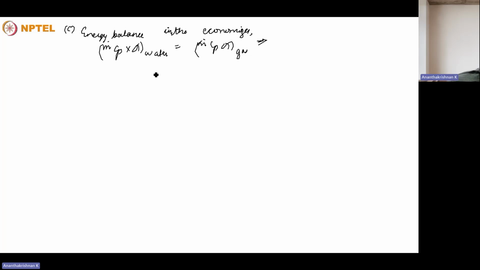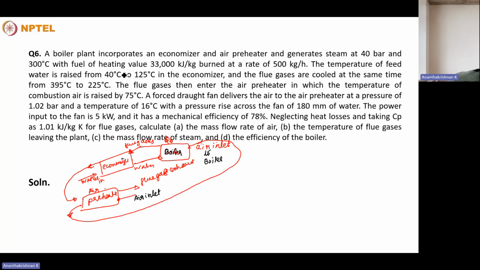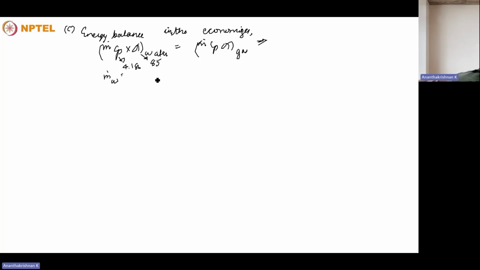So we need to calculate the mass flow rate of the water. Cp of water is 4.196, and delta T will be equal to 85 degrees Celsius of the water temperature. So that is from this increase in the temperature that is mentioned, 40 to 125, that is 85 degrees Celsius.